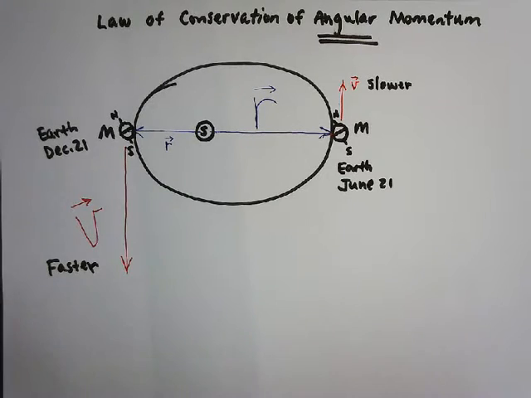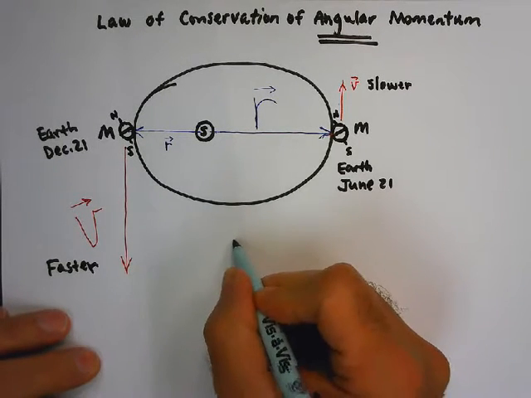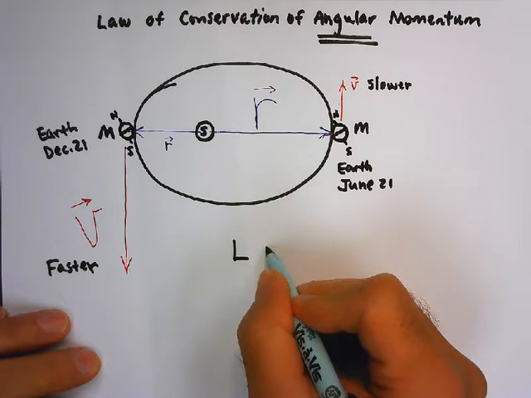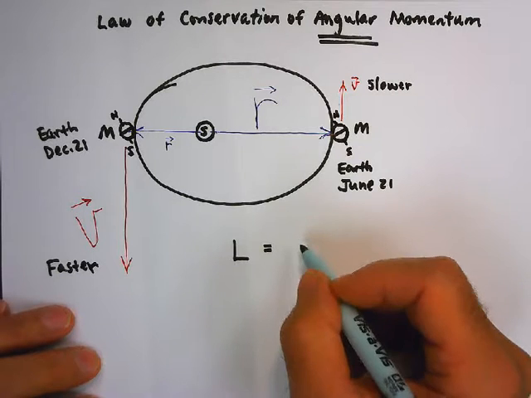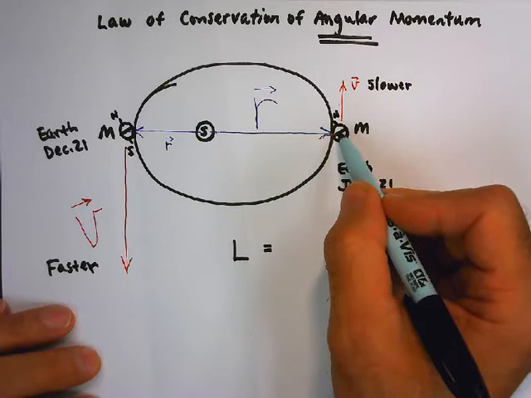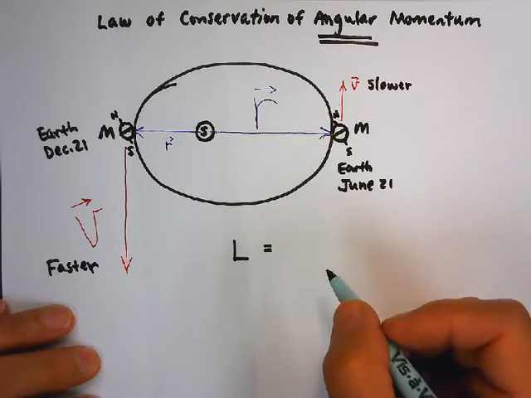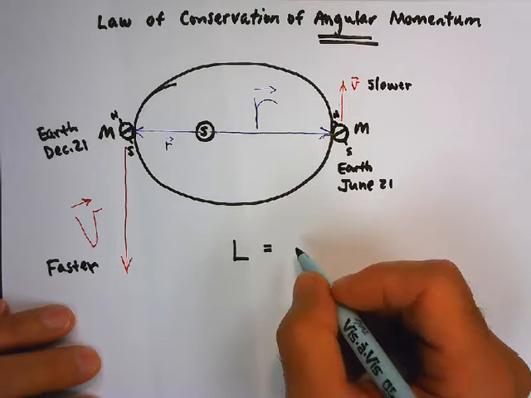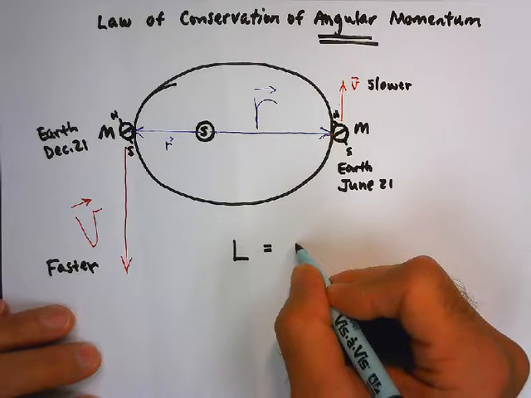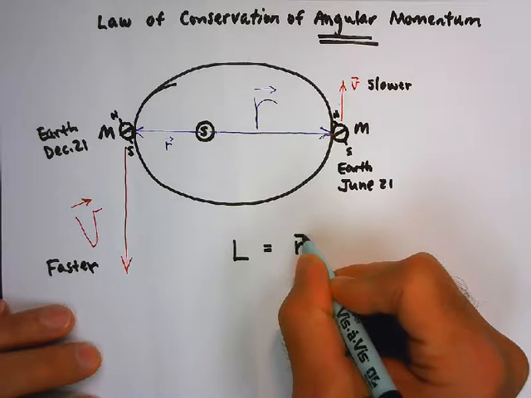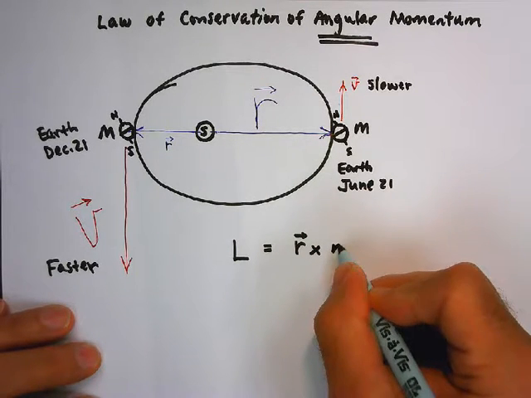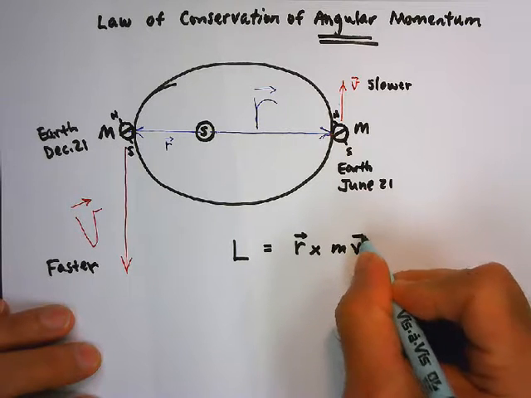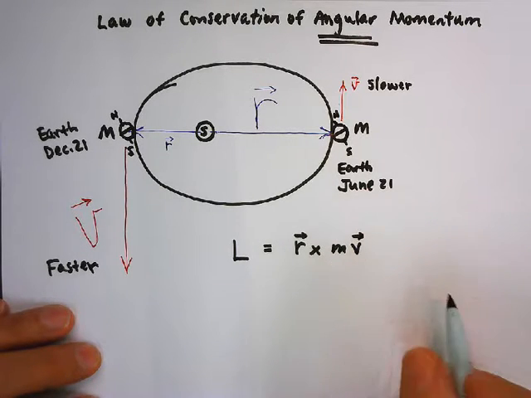Let's look at the relationship here. Angular momentum symbol is capital L, and the equation for angular momentum for a particle, we can treat the Earth as a point mass, would be r, which is the position vector, cross mv, where v is the translational velocity.